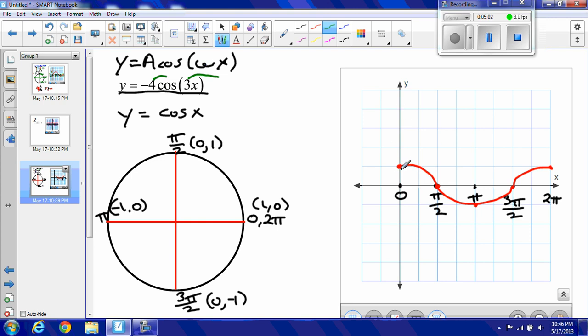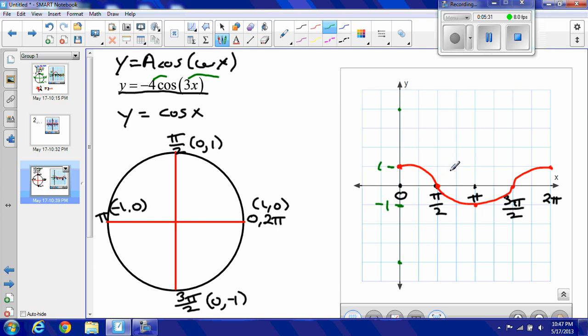Since I know that this point right here is 1, and this point right here is -1, I could change my dot and bring it way up here to 4, and then down here to -4, changing my y values, which are 1 and -1, by multiplying them by 4.